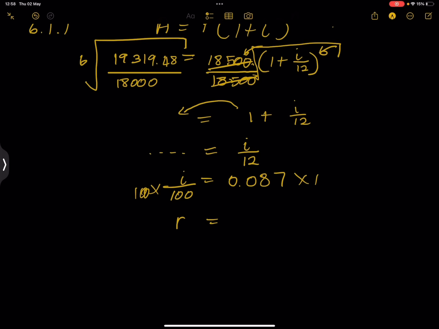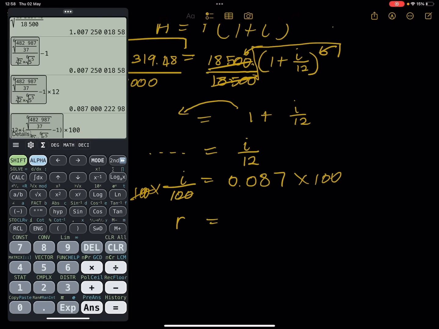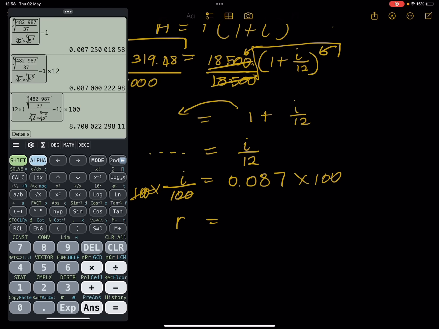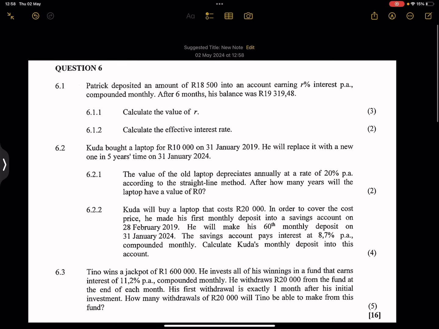So what I do on the left, I do on the right. So I'm going to take that value multiplied by 100, and what will I get? So r is 8.7%, right? So that is our interest rate on an annual basis.